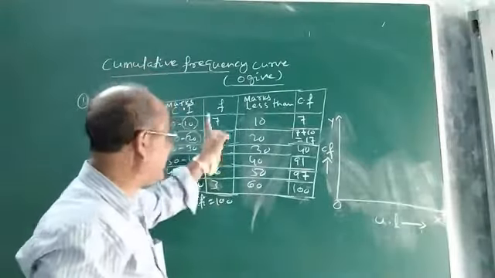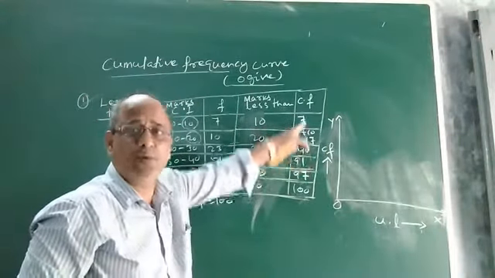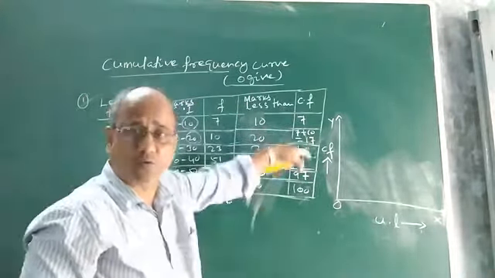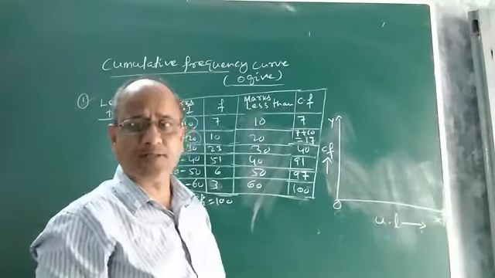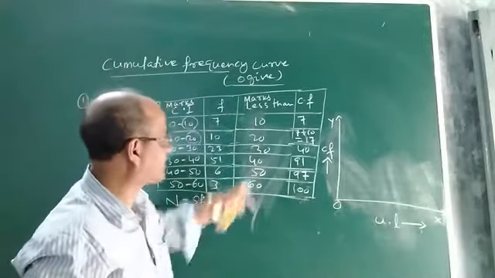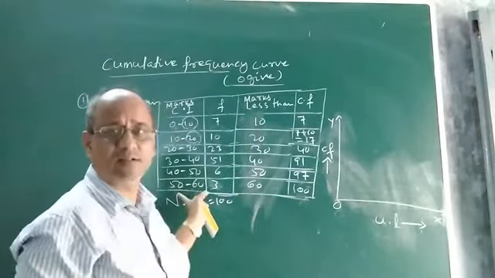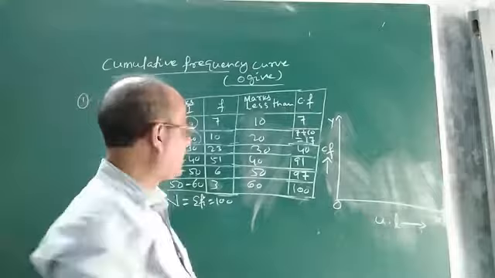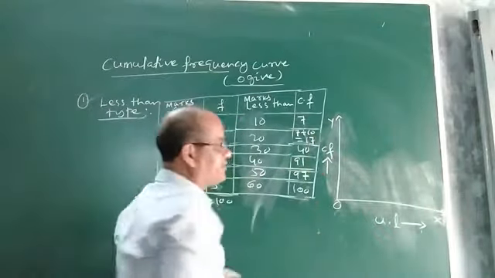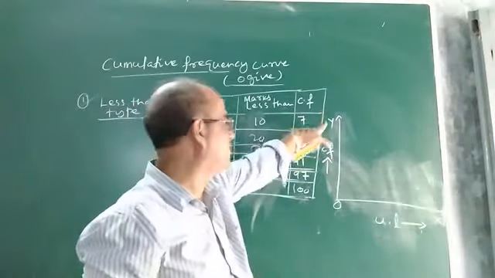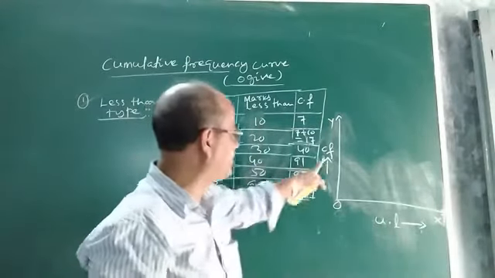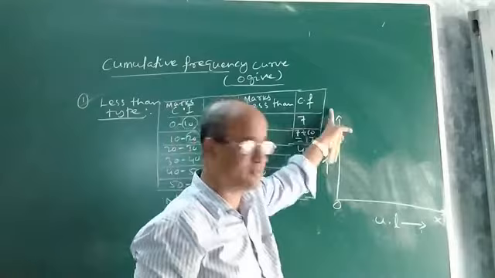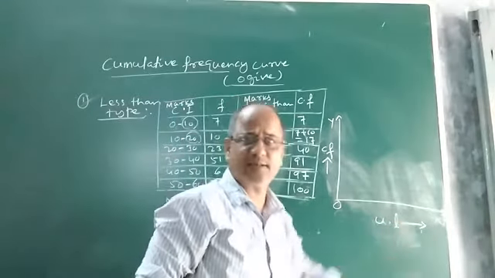Then we have to find the corresponding cumulative frequencies. Once you have found the cumulative frequencies and taken the upper limits, the cumulative frequency goes along the y-axis and the upper limit along the x-axis.